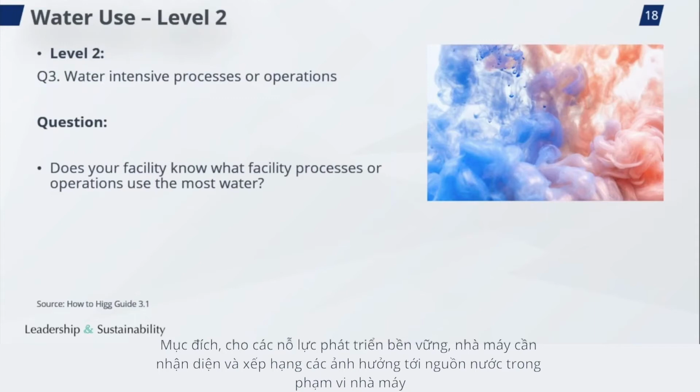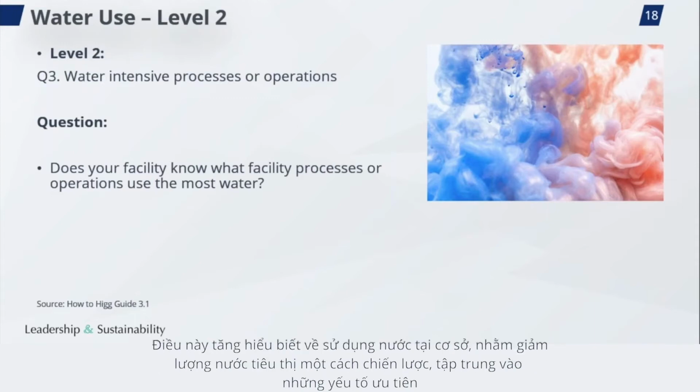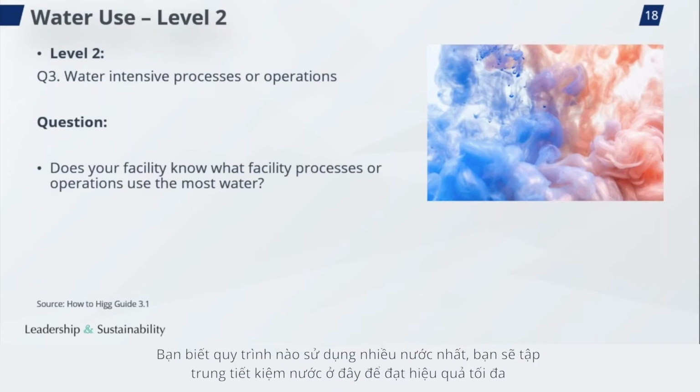This enables an understanding of specific influences on water impact so that the facility can strategically reduce the water usage and impact by targeting those processes. So if you know which processes use the most water, you should try to reuse water there so that you can have the greatest impact when you set your targets.